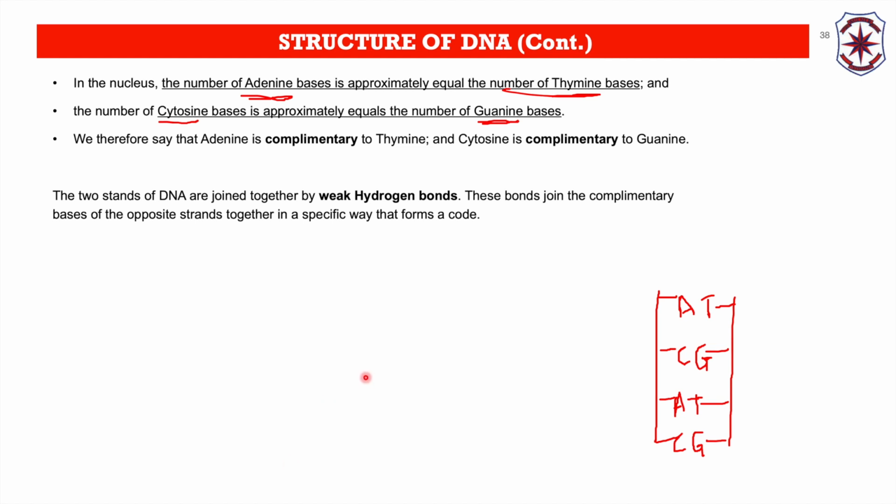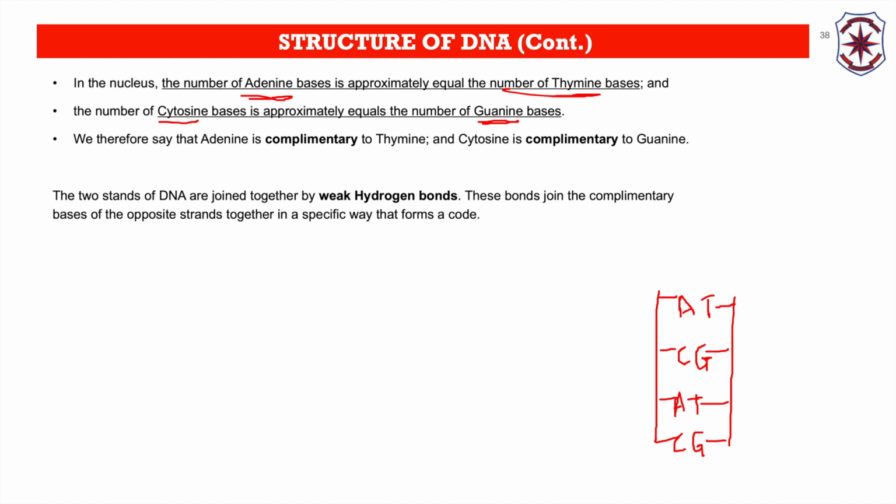Okay. Now, the two strands of DNA are joined together by weak hydrogen bonds. These bonds join the complementary bases of the opposite strands together in a specific way which forms a code. All right. So, let's check. Now, the weak hydrogen bonds.